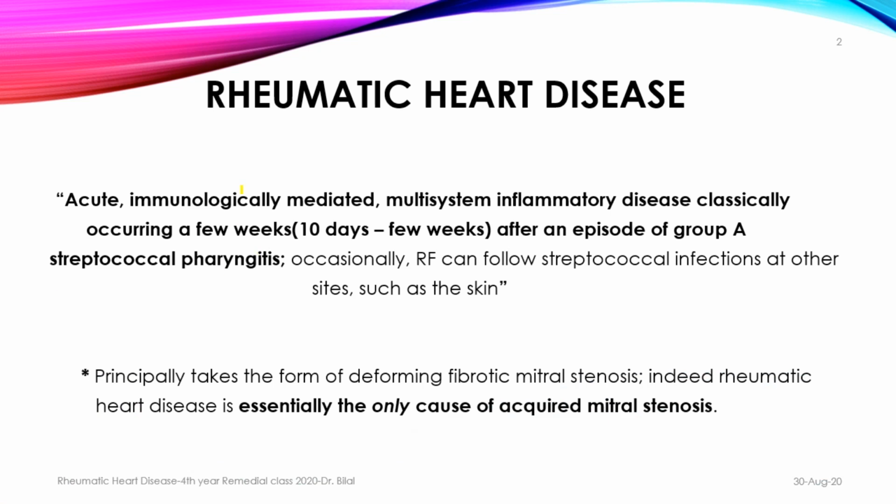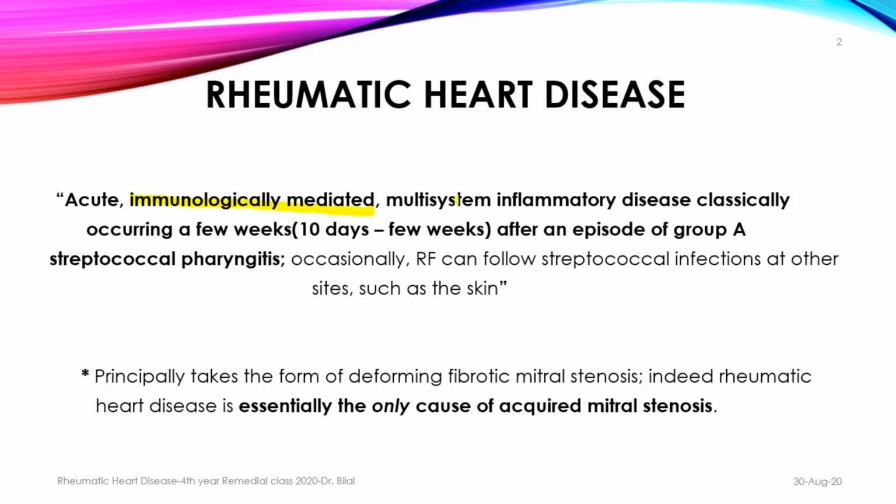Now remember these words, rheumatic heart disease. Acute rheumatic fever is one thing, and then it leads to chronic rheumatic heart disease as well. But acute rheumatic heart disease is immunologically mediated.